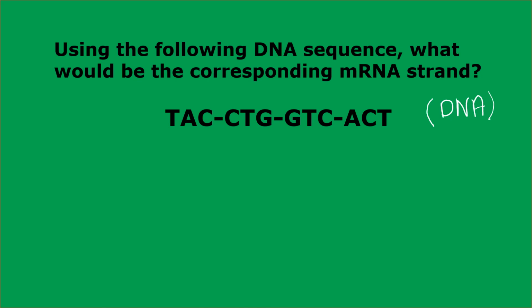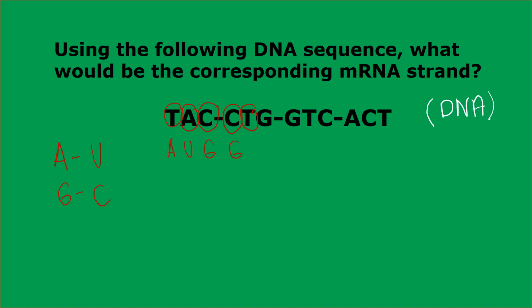Remember, adenine pairs up with uracil and guanine pairs up with cytosine. So for thymine, that is adenine. For adenine, that is uracil. For cytosine, that is guanine. Cytosine, guanine.